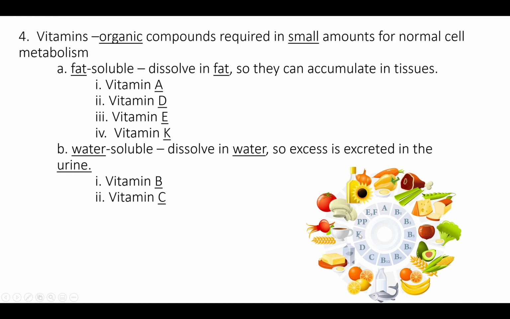Vitamin K is mentioned up there. You get beets, wheat, and actually coffee has a lot of, and tea has some vitamin K in it. Vitamin D is your dairy product, so butter, the eggs, and also milk has a lot of vitamin D. So these are your vitamins.